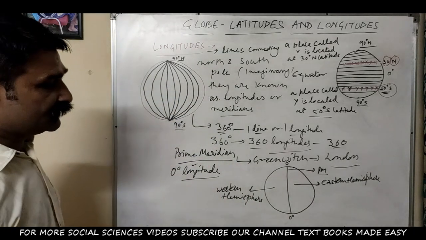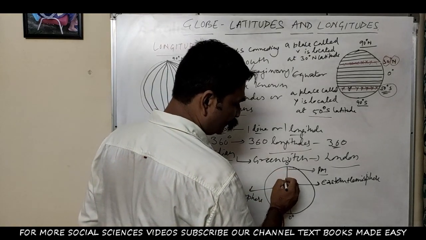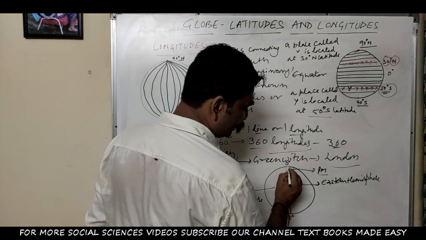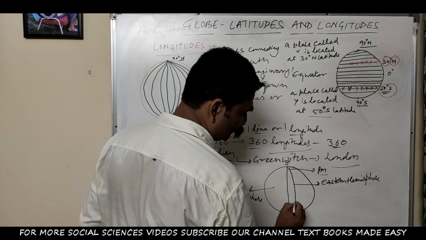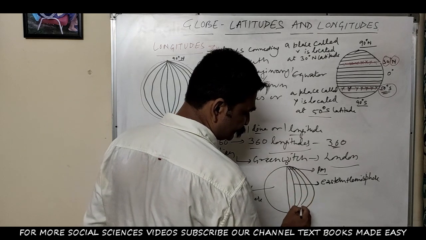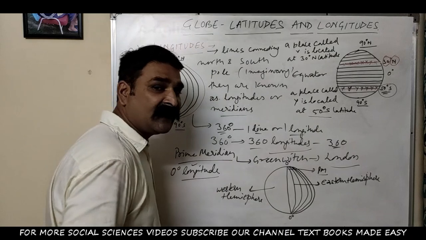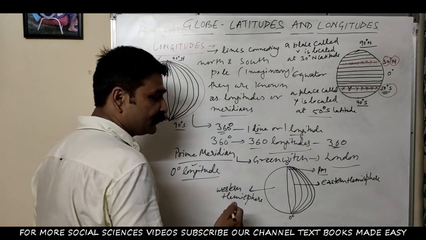Now all the lines which are drawn towards the eastern portion of the prime meridian, these lines will have E with them.